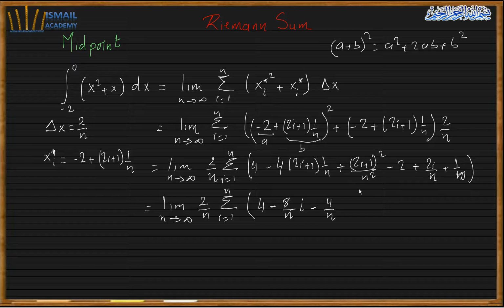Here if I FOIL, it's going to be 4i squared plus 4i plus 1 over n squared, minus 2 plus 2 over n i plus 1 over n. So this is 1 over n. Let me clear it.